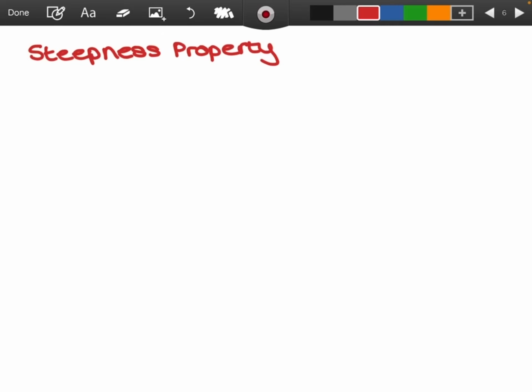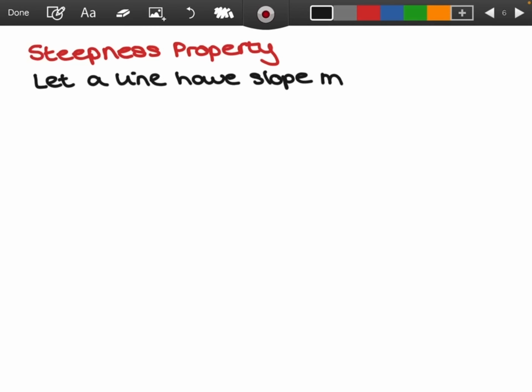This is going to give us another case where we can use that slope value m. So let's say that a particular line has slope m. So you have a particular line, you found the equation of the line, and that line has a particular slope m.